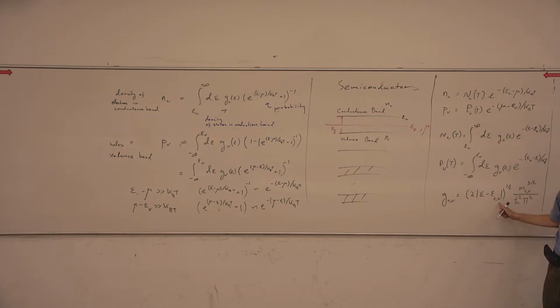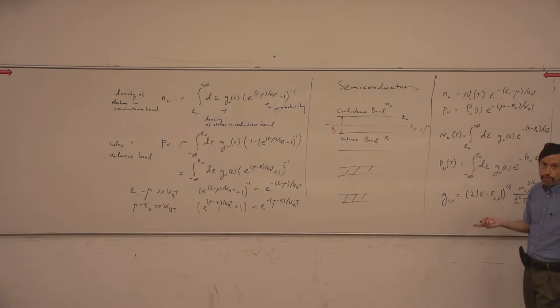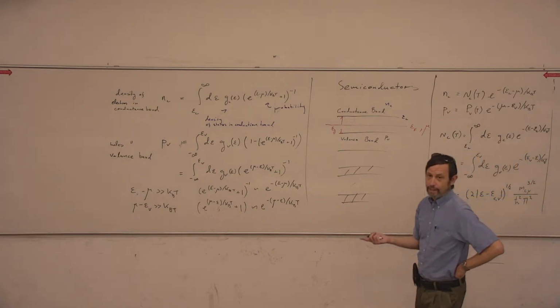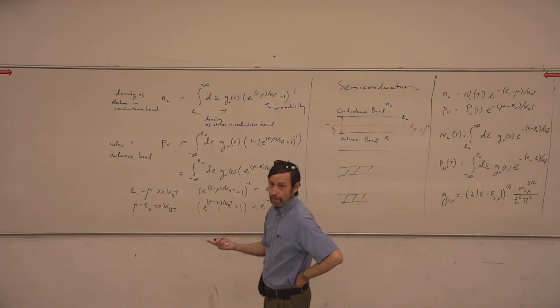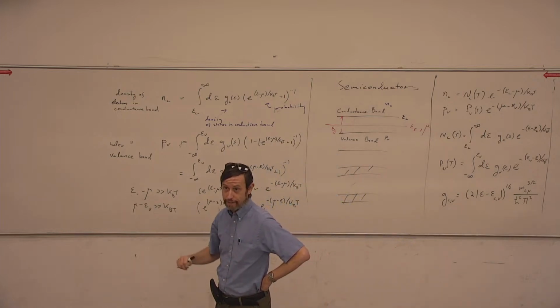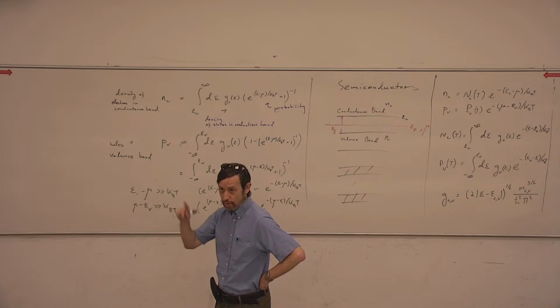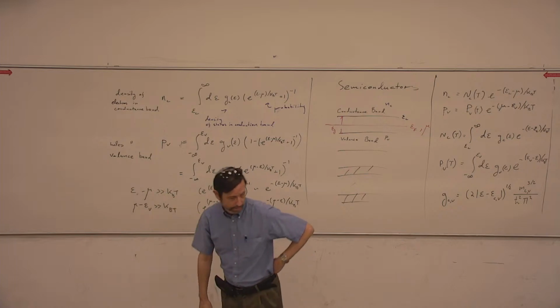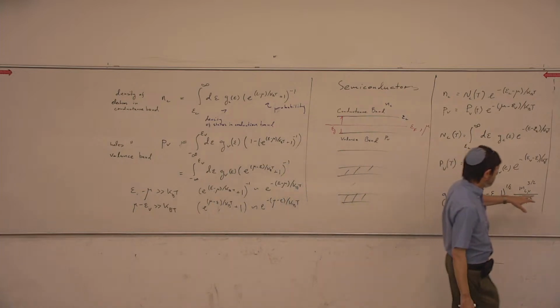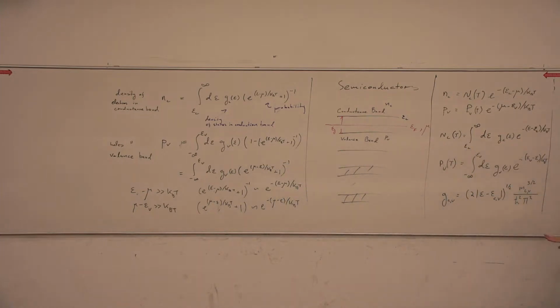This behaves like square root of E, of course, because E is equal to K squared, dE is K. So it's square root of E. And all the information about the band, as we discussed in the previous lecture, goes into the effective mass.